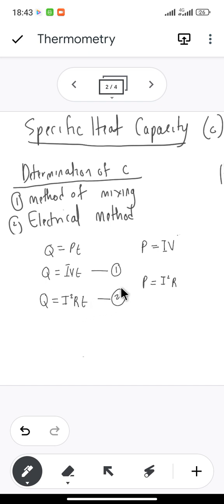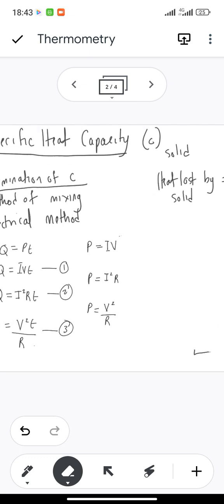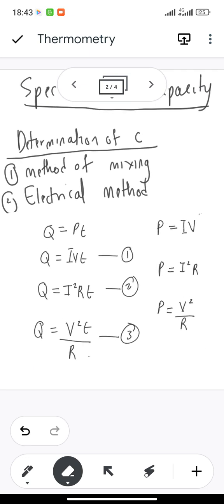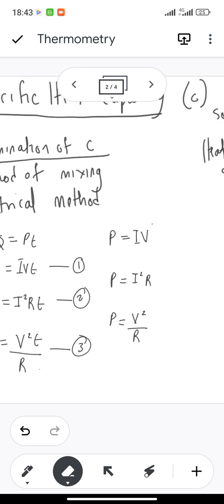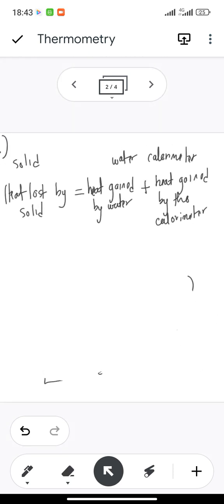This is another formula for Q. Thirdly, we know that power is equal to the voltage squared over resistance. Plugging it into this equation, you have Q equals V squared T over R. So these are equations for Q. For the purpose of this video, we're just going to talk about equation 1. But if you see any question relating to equation 2 and 3, it will be easy for you to tackle.